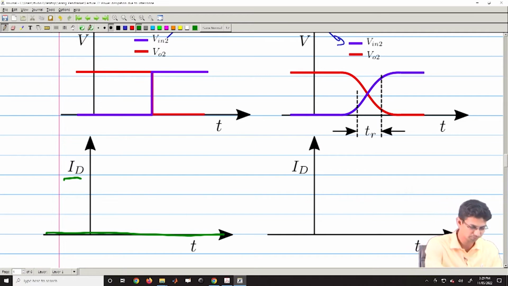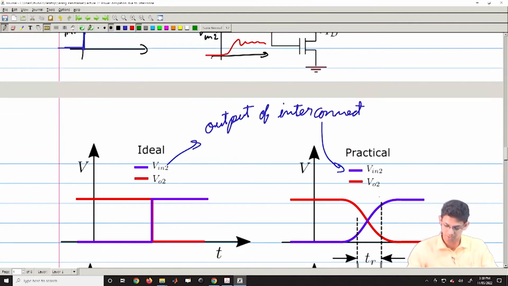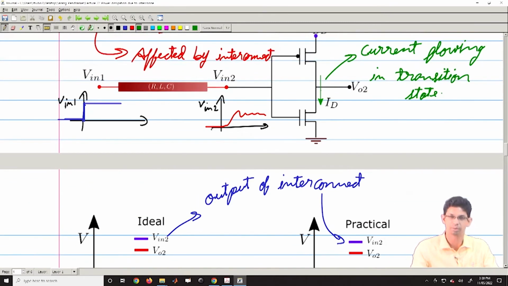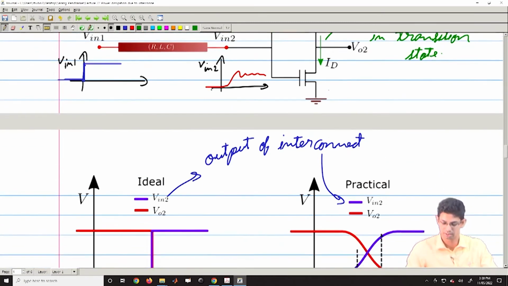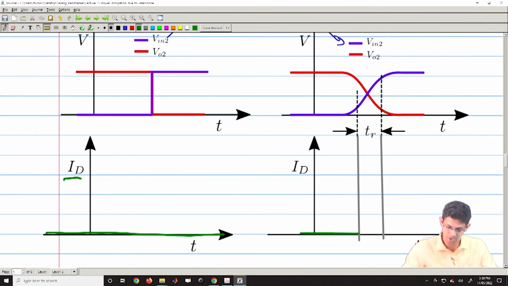If I look at how the current would flow, at this starting point, my V in is starting to affect my load device. So, at that point, your V in would be changing, and some current is going to flow.